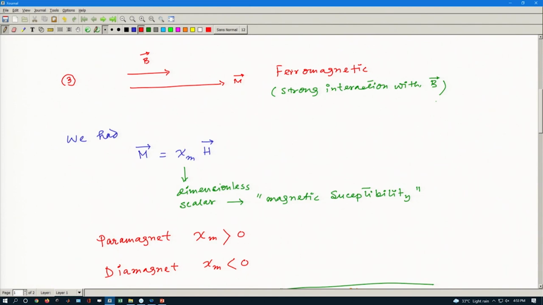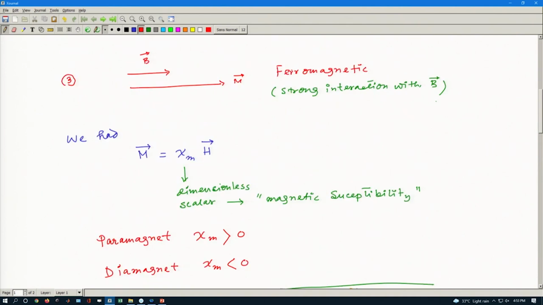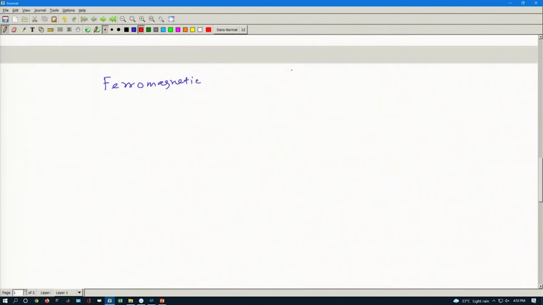So, a ferromagnet is a material where we have a strong interaction of the material with the applied external magnetic field.